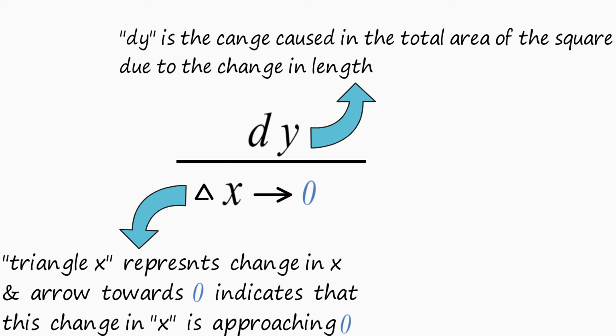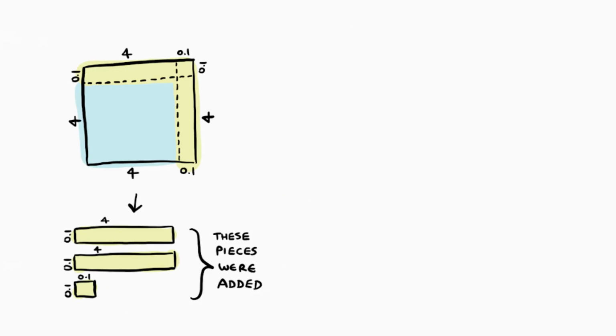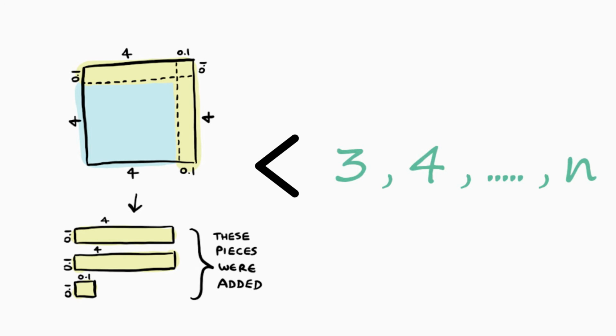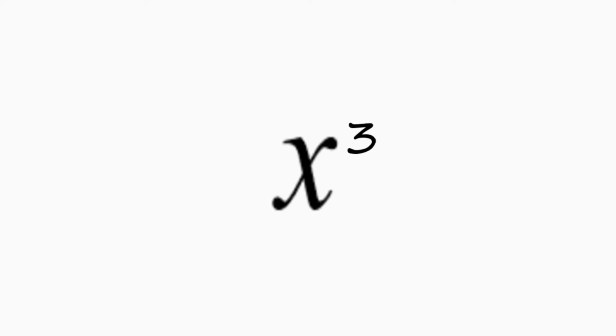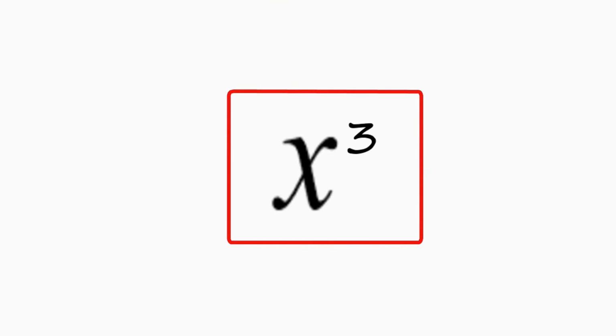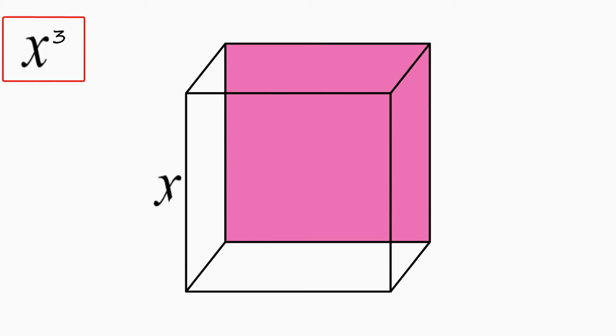So this example, which I just explained, also works for powers greater than 2 or any other number you like. For instance, we have to find the derivative of x cubed, and we can imagine that this x cubed is some kind of a cube with a side length of x.